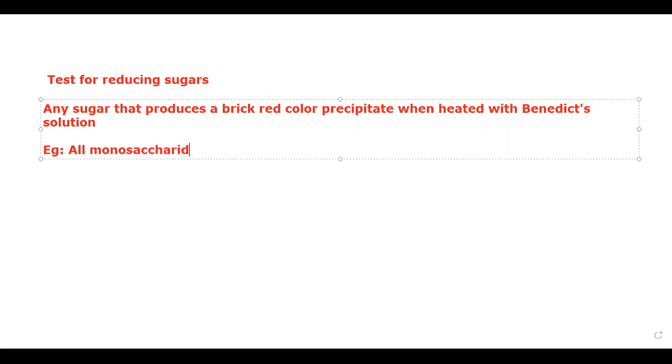All monosaccharides are what kind of sugars? Reducing sugars. Any monosaccharide, glucose, fructose, galactose, ribose, deoxyribose, whatever the monosaccharide, all of them come under reducing sugars.